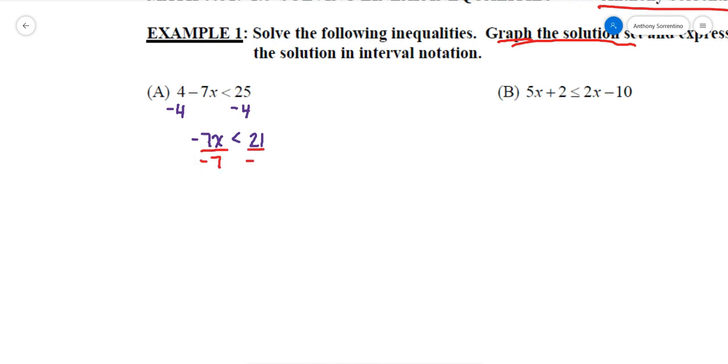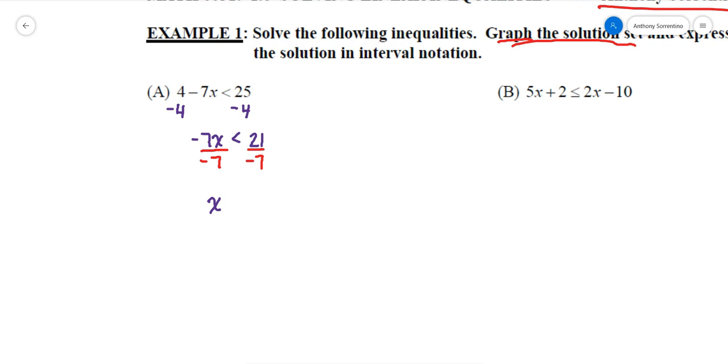This is where I have to be vigilant. Anytime I multiply or divide two sides of an inequality by a negative number, not if I'm adding or subtracting a negative number, only if I'm multiplying or dividing by a negative number, I have to remember to switch around the inequality sign. So negative 7x divided by negative 7 is just going to give me an x.